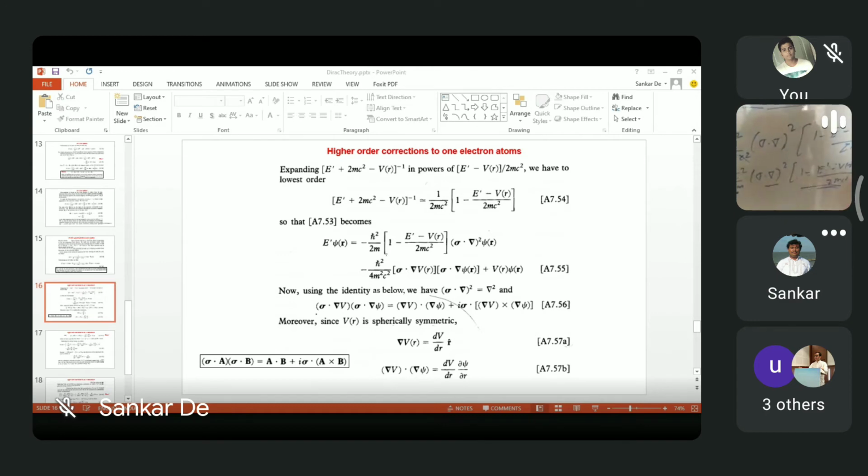So when we operate this thing with one, it becomes zero, right? Then sigma dot delta square is operated with e prime minus Vr by 2mc square, and E prime is also always constant, energy. That is also 0. So what we are left with is that that minus and that minus becomes positive, and it operates with that Vr and 2mc square, and that's how we got the second term. And of course the Vr psi r is there.